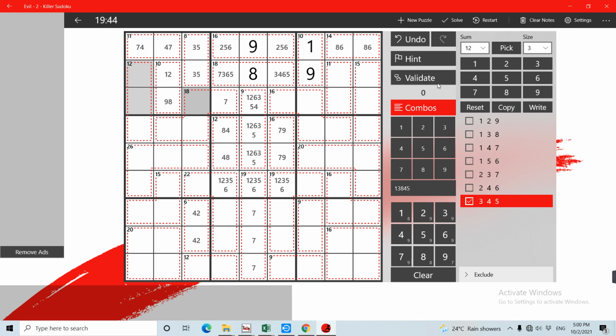Which means the remaining numbers here are 1, 2, 3 is not possible, 4 is not possible, 5 is not possible, 6, 7 is not possible, 8 and 9.